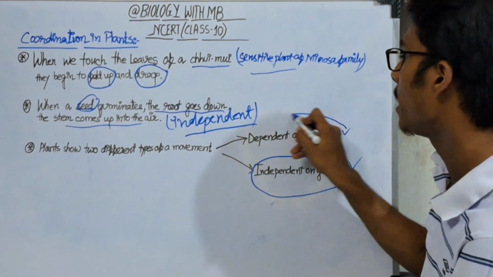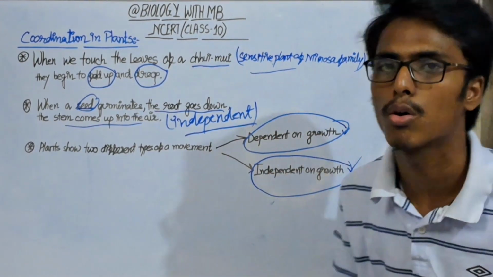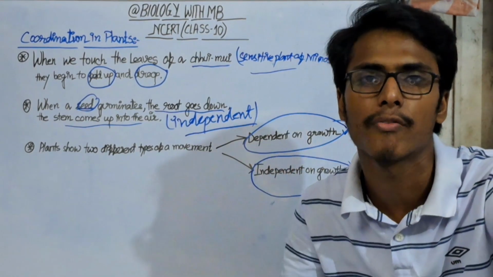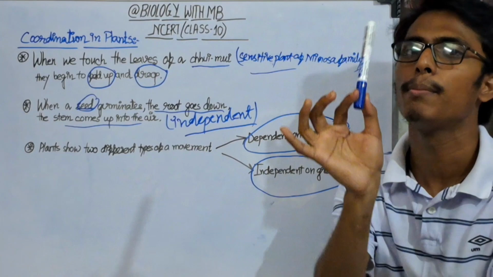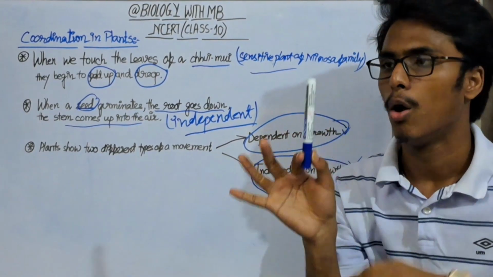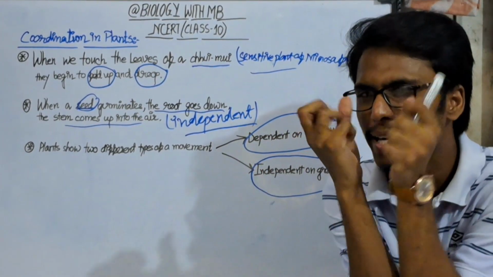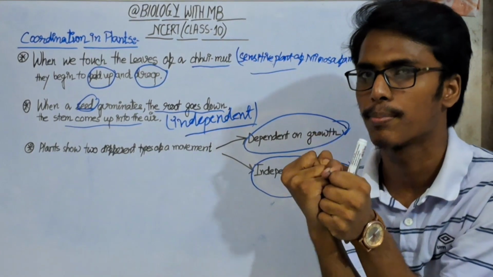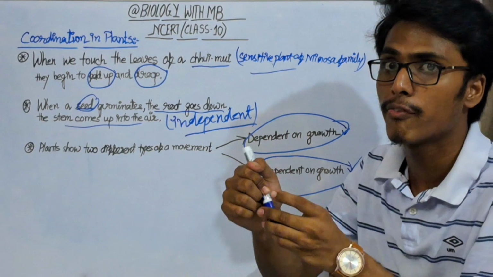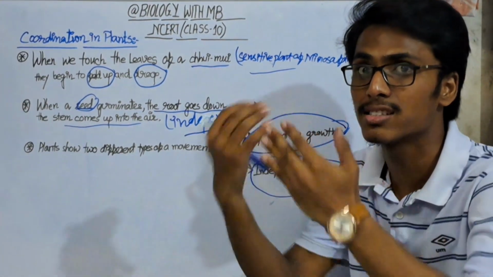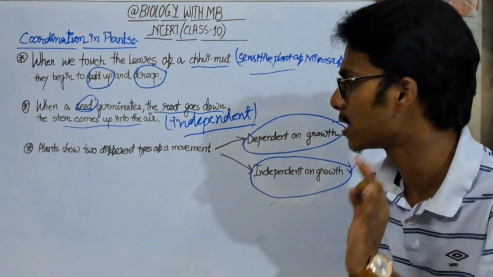And what is dependent on growth? Dependent on growth means movement caused by an external factor. Think about the mimosa family plant. When we touch it, it begins to droop or fold up. So it happens by an external stimulus given to it.